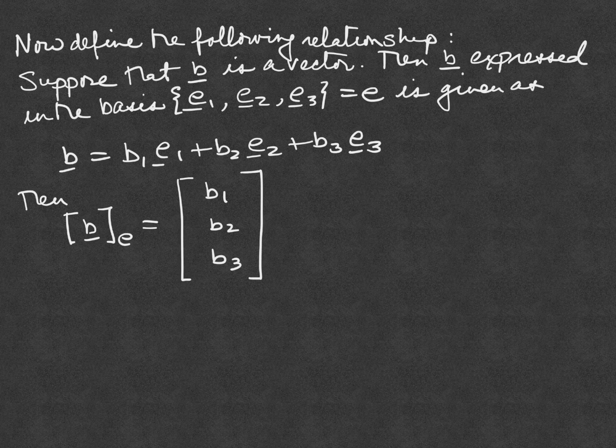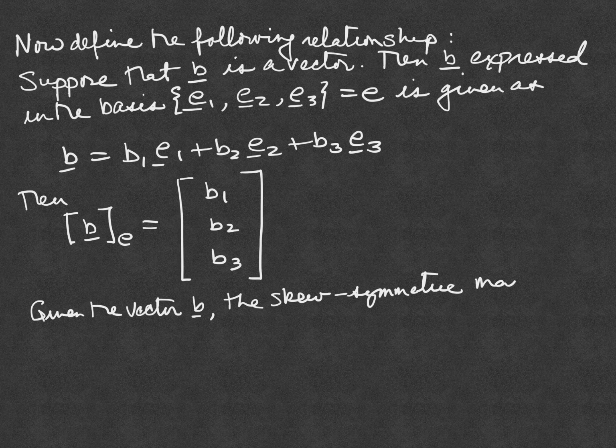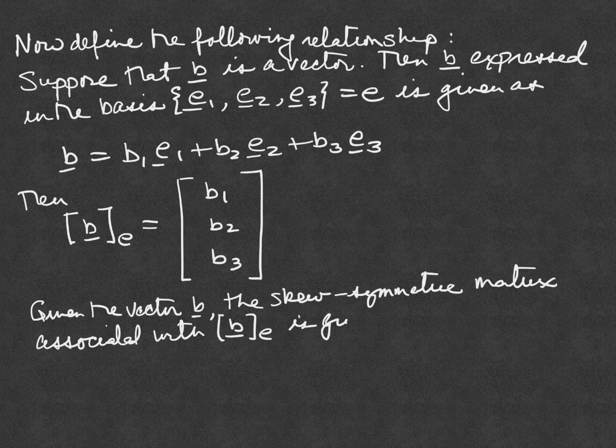Now, what we can do with this is we can actually define what's called a skew symmetric matrix. So given the vector B, the skew symmetric matrix associated with B, in this case E, is defined as, and what we're going to call this is B E skew.